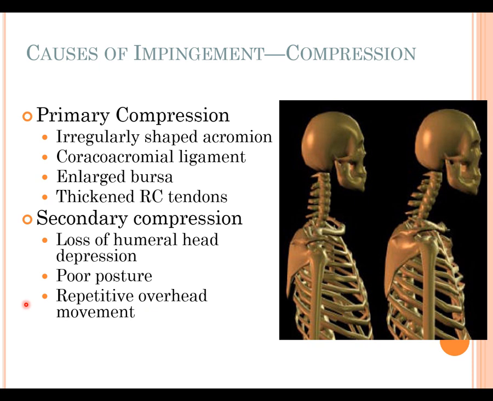It's fatiguing their muscles, and then they have a loss of humeral head depression. Either way, whatever's going on here, we want to try to identify the problem. If it's posture, you have to address the posture. Usually, the humeral head depression and repetitive movements go together, and we need to work on endurance training of the rotator cuff muscles so that they actually work effectively during activity.